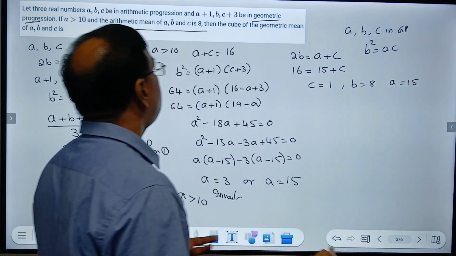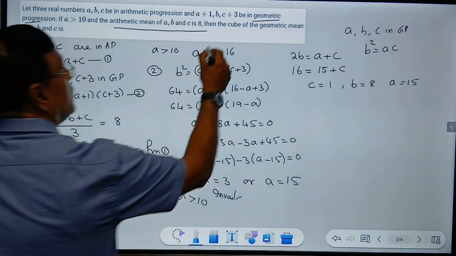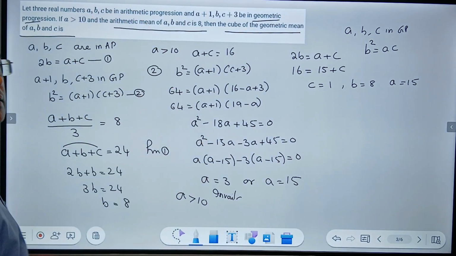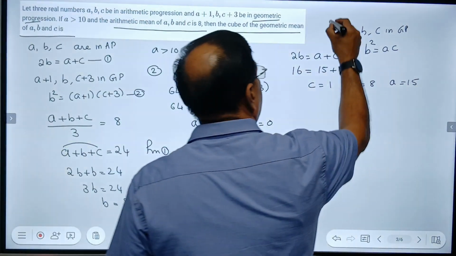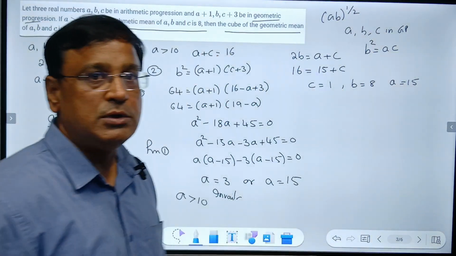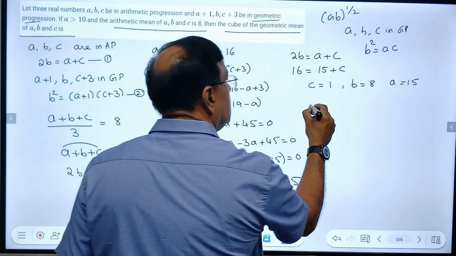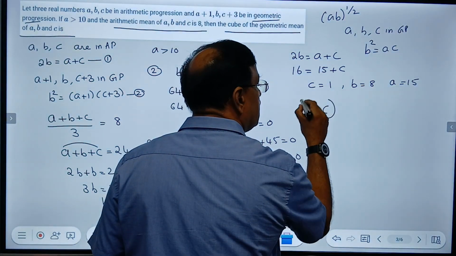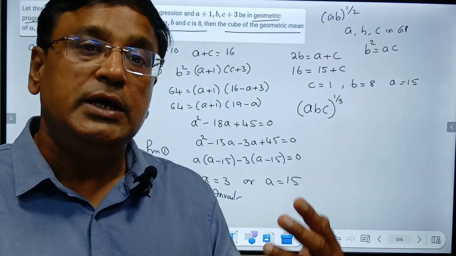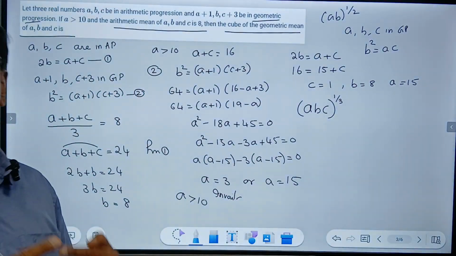Now, what is it that you have to find? You have to find the cube of the geometric mean of A, B, C. The geometric mean of A, B will be to the power half, if it is 2 numbers. If it is 3 numbers, it is ABC to the power 1 by 3. This is the geometric mean of 3 numbers. He is not telling you to find the geometric mean of 3 numbers.